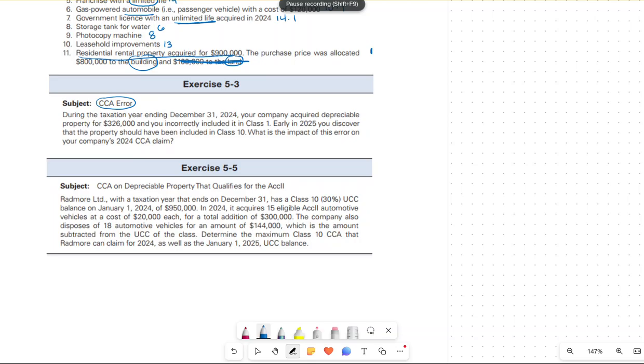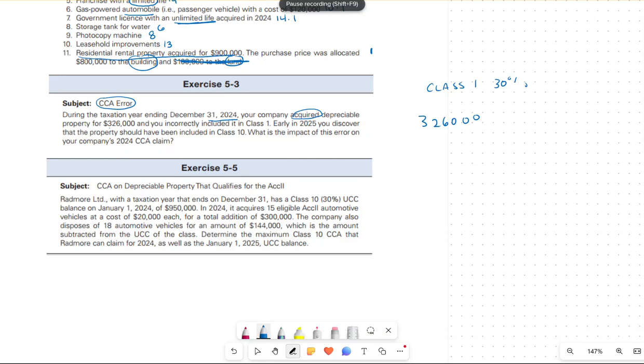During the taxation year ending December 31st, 2024, your company purchased a depreciable property for 326,000. They go under class 1, which is 30%.